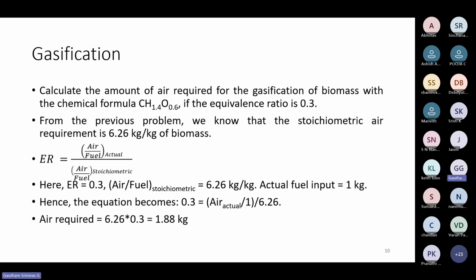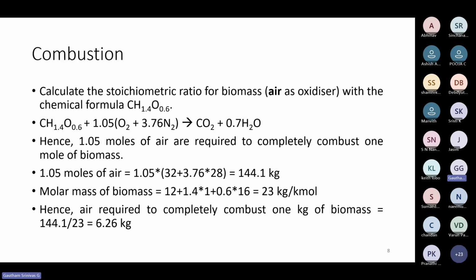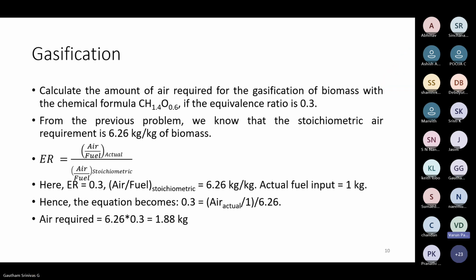Now the air to fuel stoichiometric, you've already calculated this ratio over here, which is 6.26. Now this is x divided by 1, or air actual divided by 1, divided by 6.26 equals 0.3. So the actual air required is 1.88 kilograms.